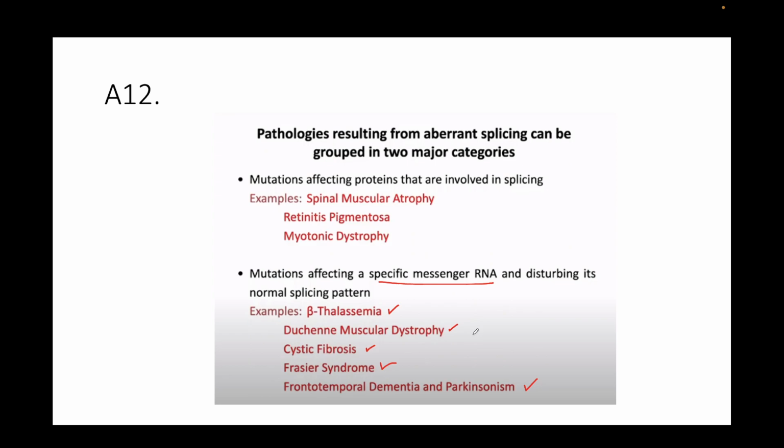I believe all these diseases are quite relatable, because we have been reading about them for a long time, like beta thalassemia and cystic fibrosis. So now you know the reason behind these diseases. There are mutations affecting a specific messenger RNA, which disturbs its normal splicing pattern. That's why these diseases occur.